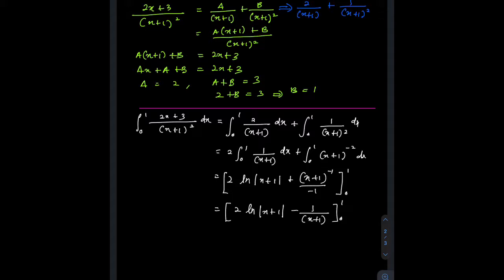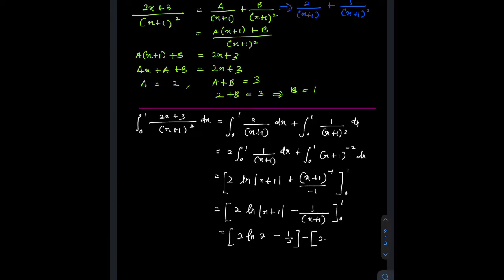Then substitute the limits. Substituting x equals 1, 1 plus 1 is 2, so 2 ln 2 minus 1 over 2.